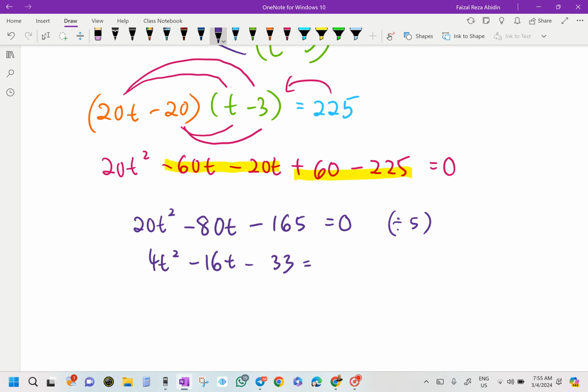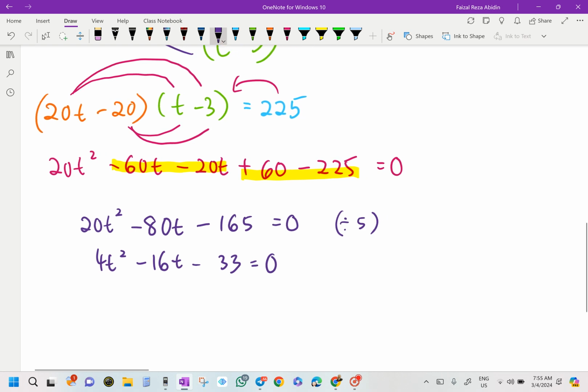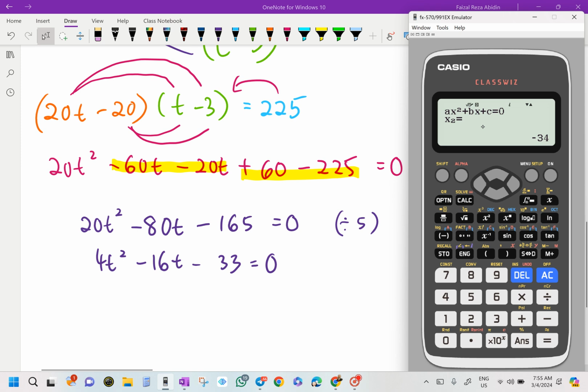Just wanted to look at you. That's why I didn't use my class quiz just now, because it's already in that mode. Okay, so this one we are going to key in back. A here is 4, B here is negative 16, and C here is negative 33.